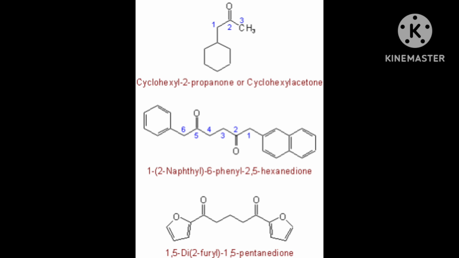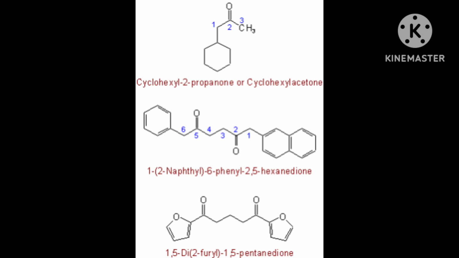Now I am going to discuss the structure of a carbonyl group. Already you know simple things, but I will tell a little more. The carbonyl carbon atom is sp2 hybridized.